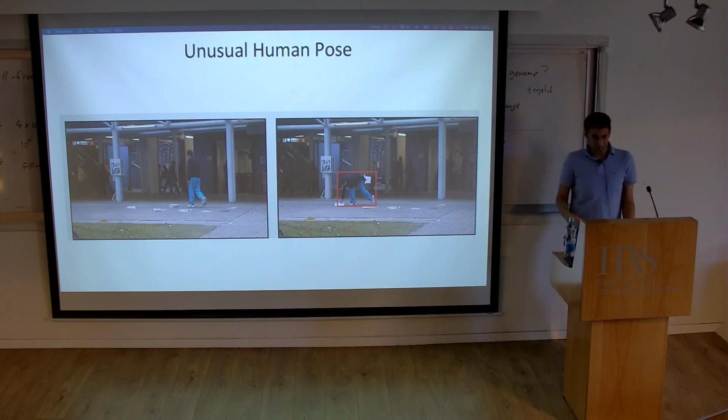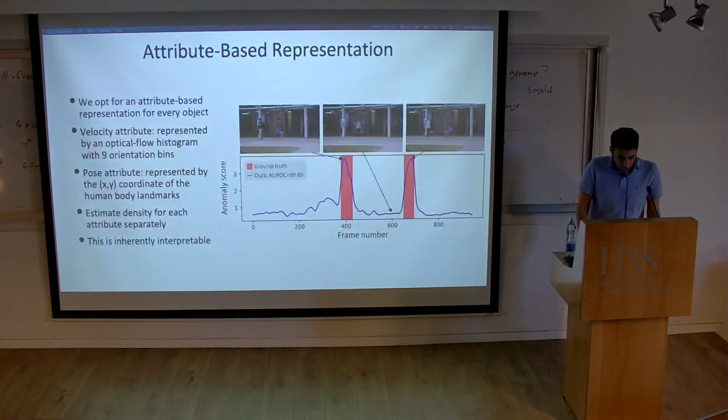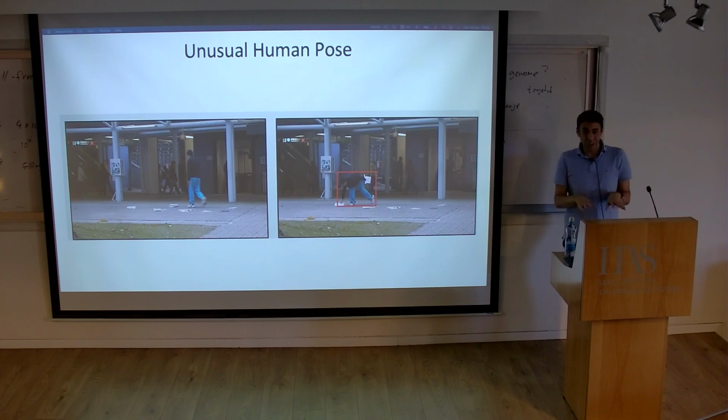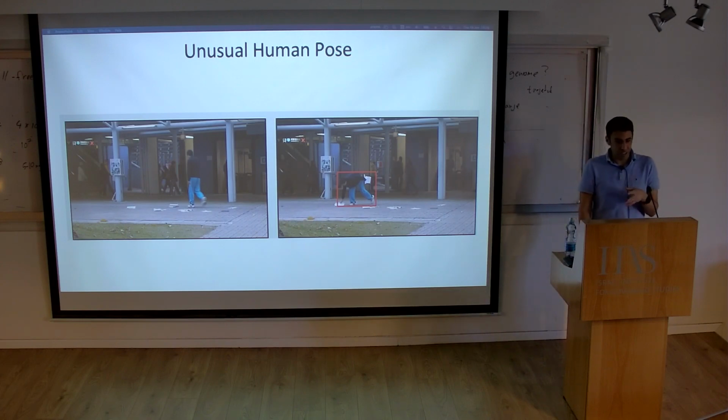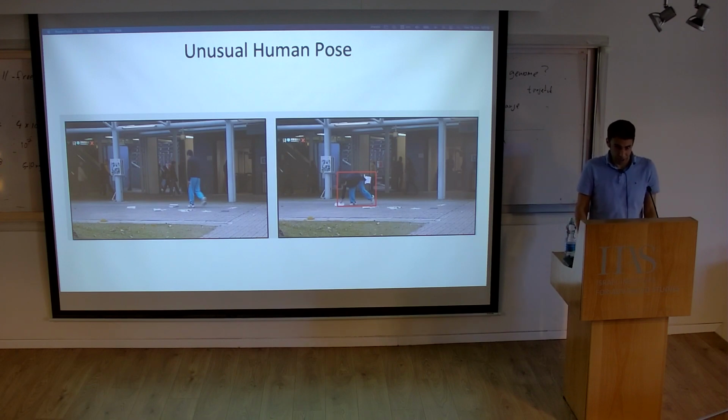And so this is quite indicative of some unusual activity. So unusual human pose is often quite indicative of anomaly. And there are other things which are not covered by one of these two attributes, which are also anomalous. But these two attributes together already maybe find 80% of the anomalies.